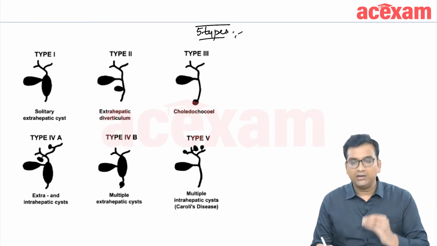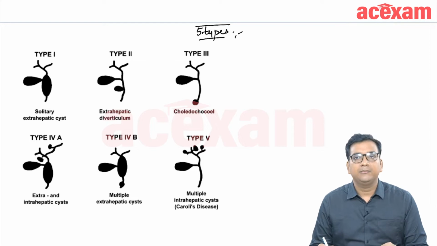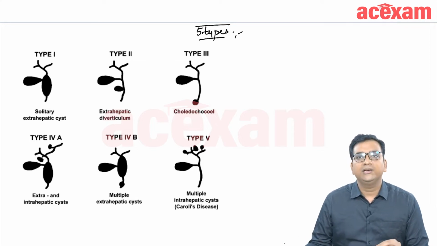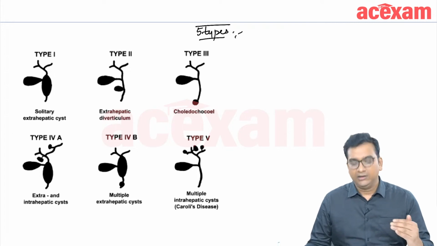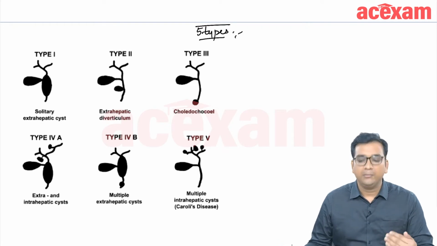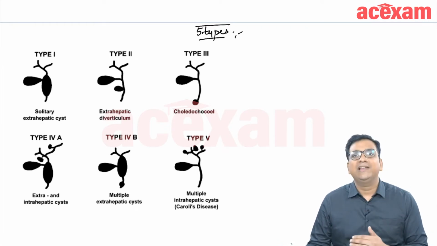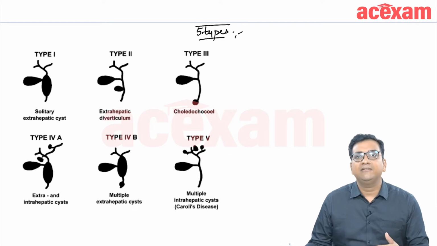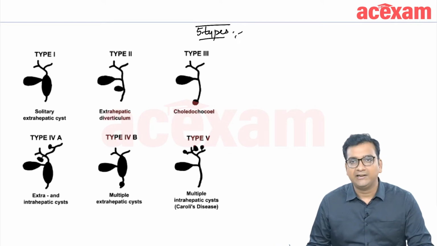Type 2 is extrahepatic diverticulum. Type 3 is choledococele or intraduodenal diverticulum. Type 4 is divided into two types, type 4A and type 4B. Type 4A is both extra and intrahepatic cyst. Type 4B is multiple extrahepatic cyst, and type 5 is only intrahepatic cyst.